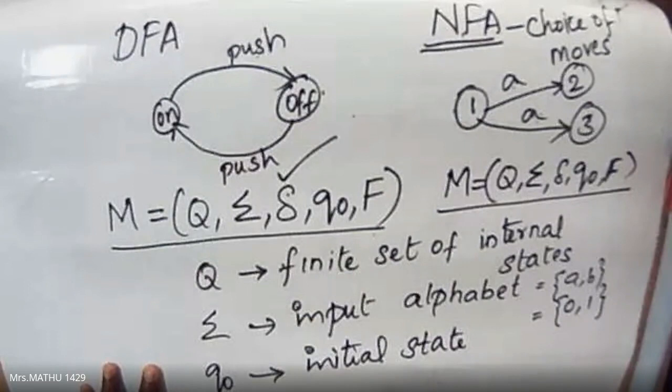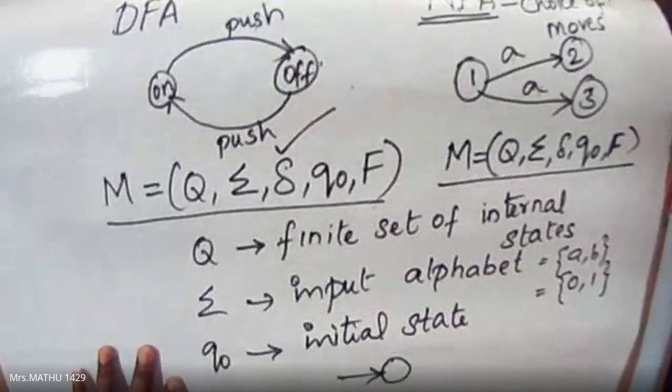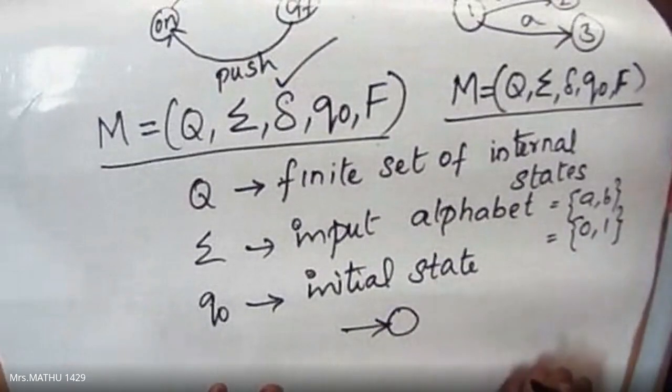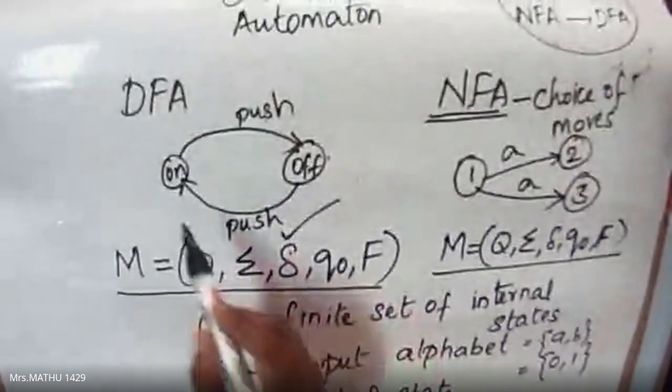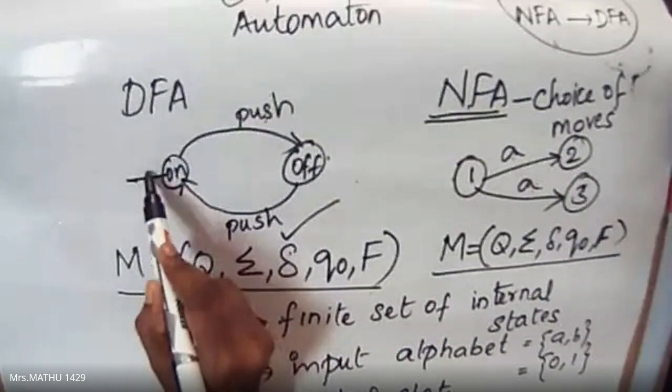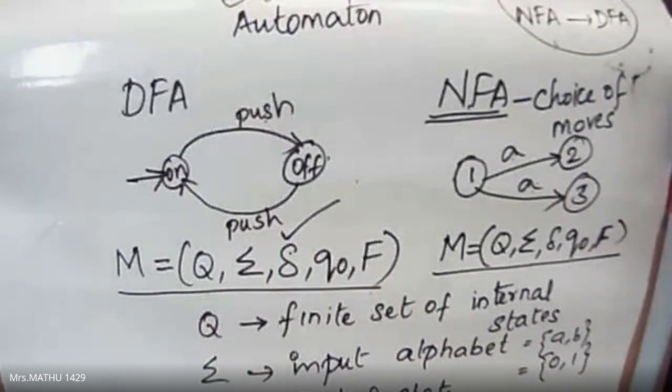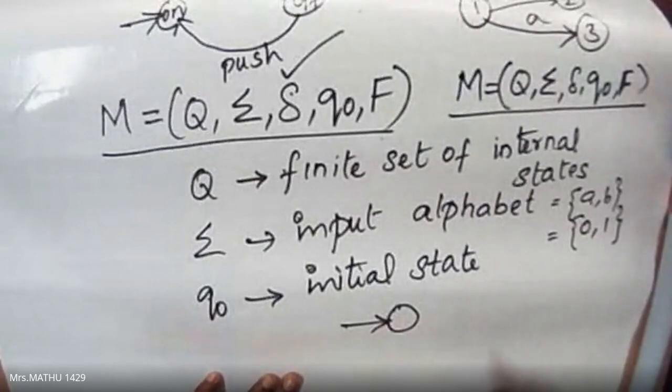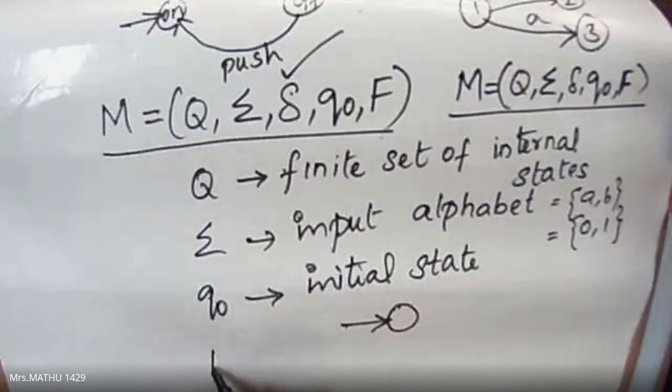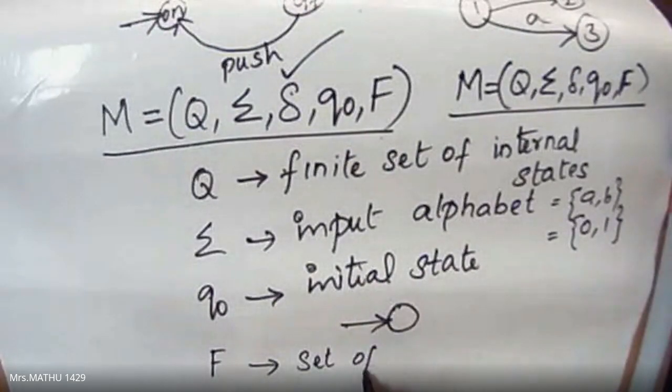Usually the initial state is represented using an arrow mark before the state. For example, here the arrow mark is given before the initial state. Then we have capital F, which represents the set of final states.